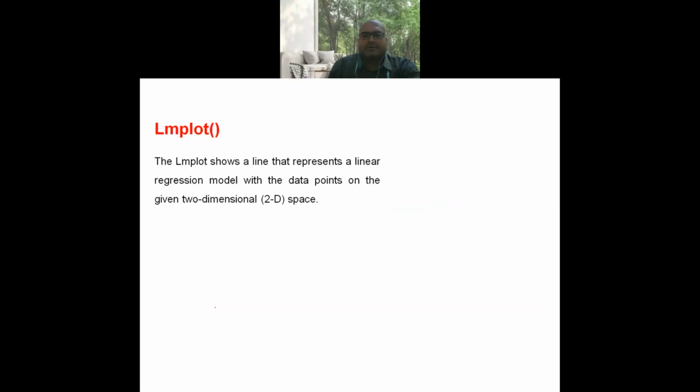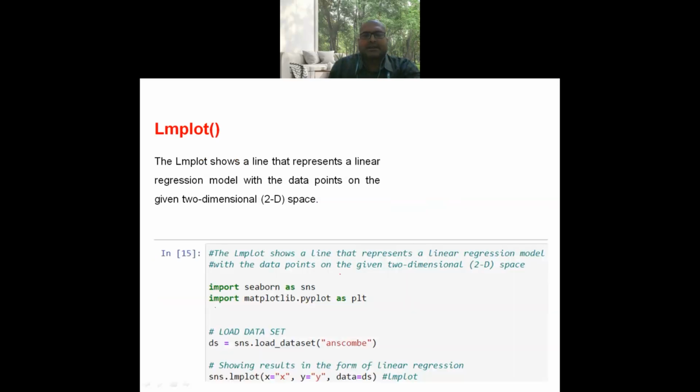The next is the lmplot. lmplot draws a scatter diagram, and it also draws the linear regression line which fits the scatter diagram. The program is: import libraries, import data to the variable ds.